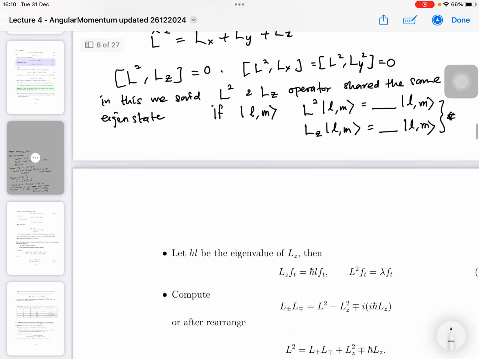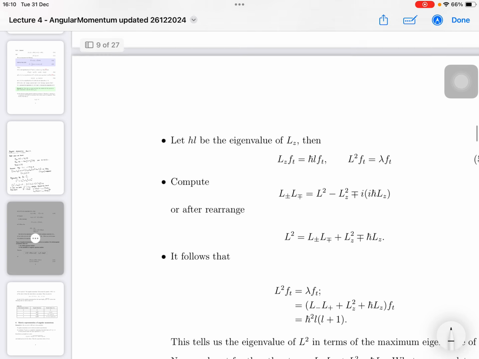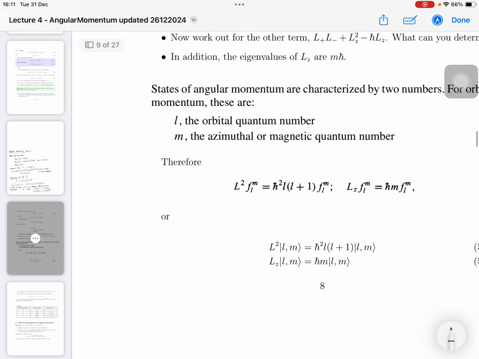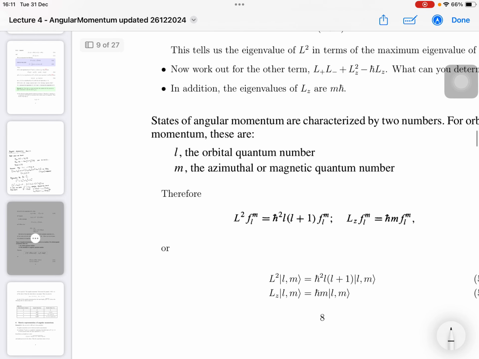So the next part is what we call this under Lz. Let's say this is your eigenstate now.